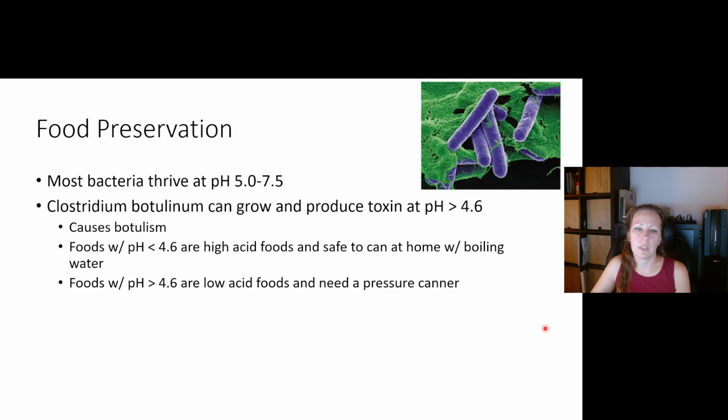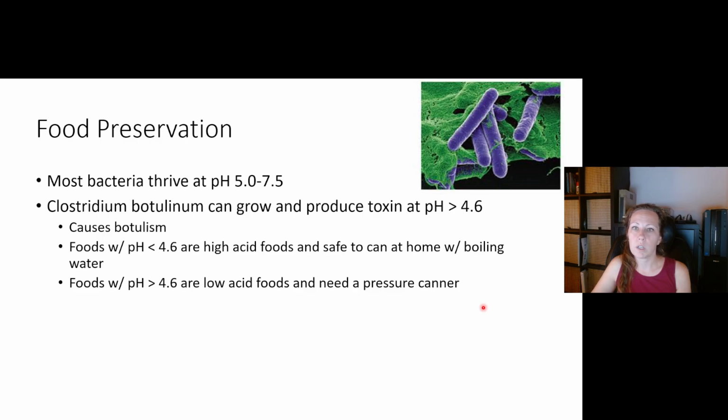And so we can heat the food with a pressure canner to a high enough temperature that it will actually kill the spores. Boiling water will not kill these spores from this bacteria. And so the goal is to get the temperature up to 240 degrees Fahrenheit. So 212 is normal boiling temperature. With pressure, we can get it up to 240.